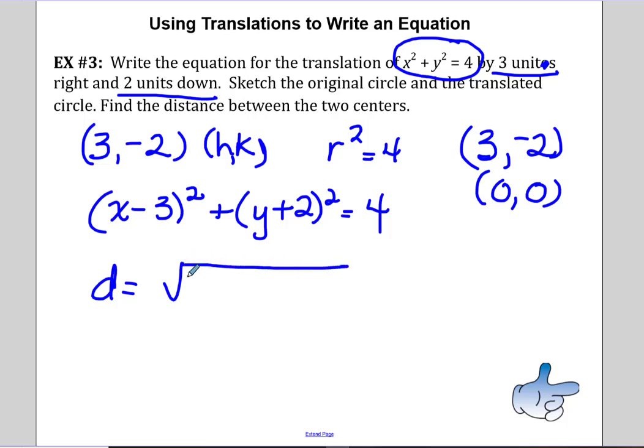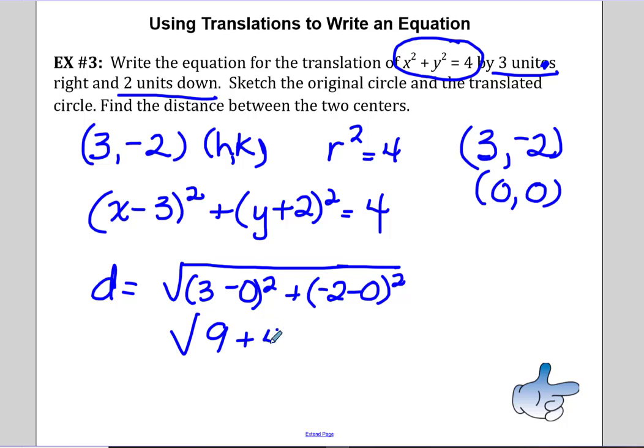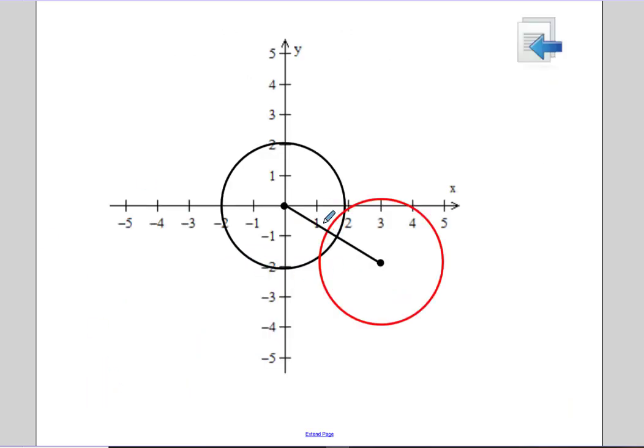The zeros are going to cancel each other out. 3 minus 0 squared and -2 minus 0 squared is going to be 9 plus 4. So the distance is the square root of 13. This distance here is the square root of 13. So that's pretty easy.